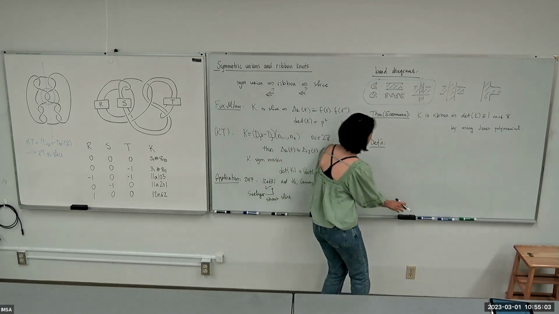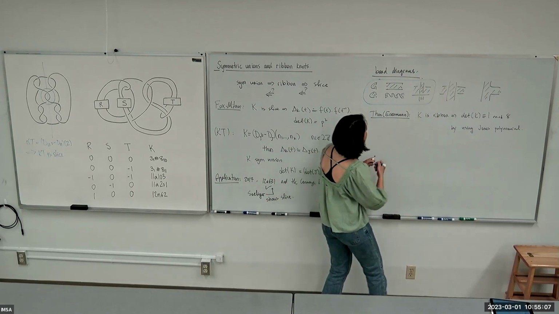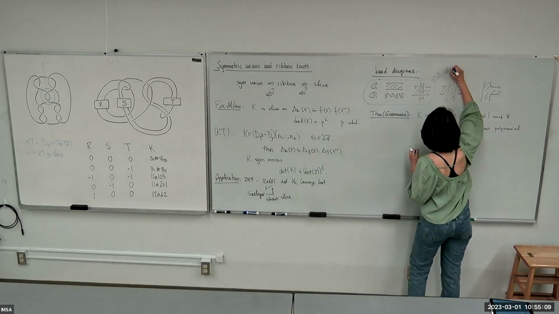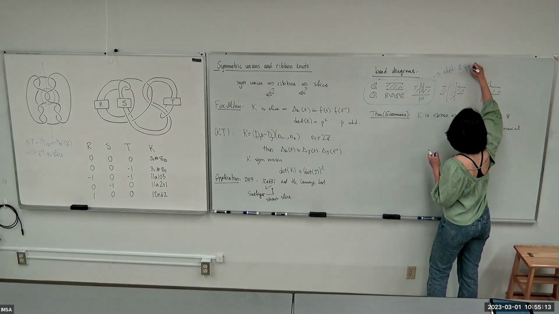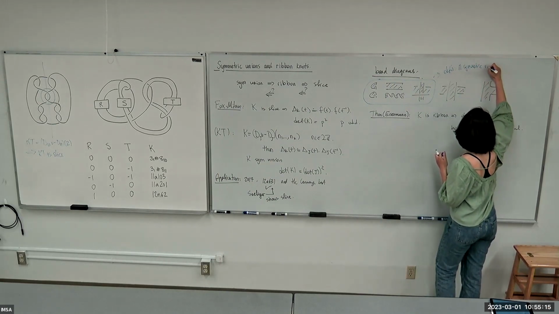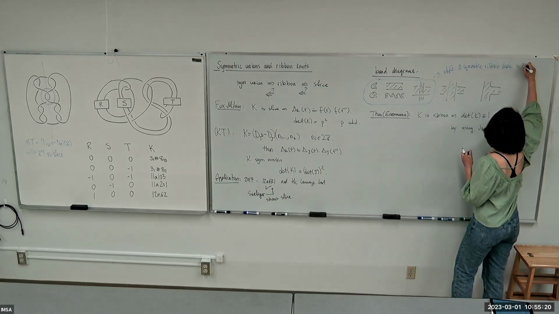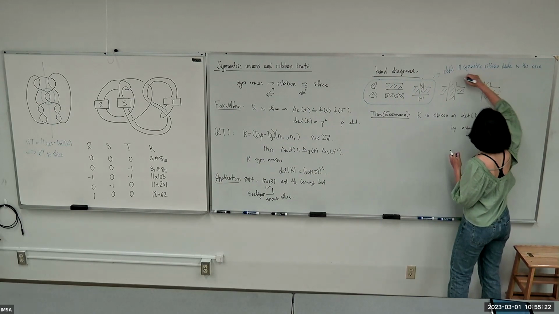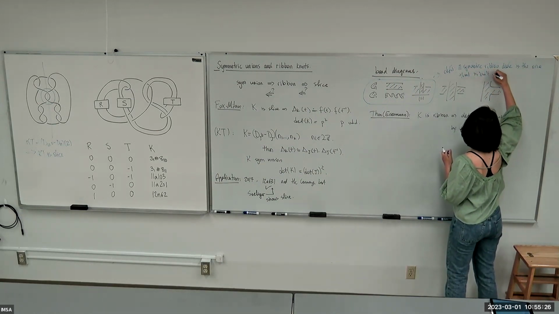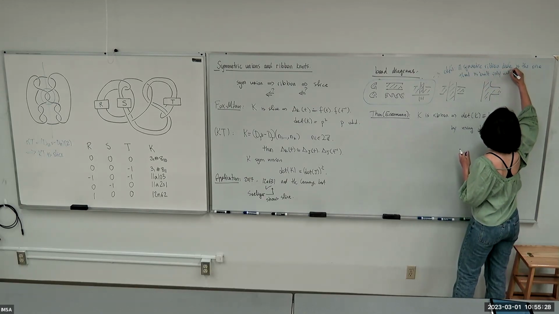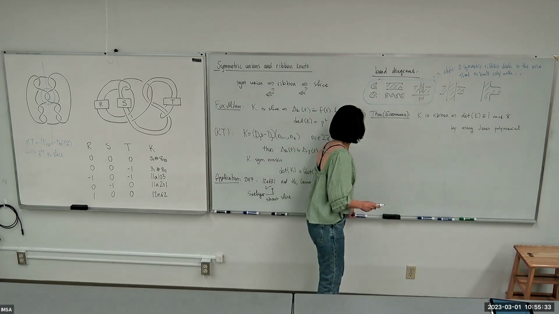So let me not write it here; maybe a new definition. A symmetric ribbon disk is one that is only built like that, only with these three pieces, and the converse is also true.